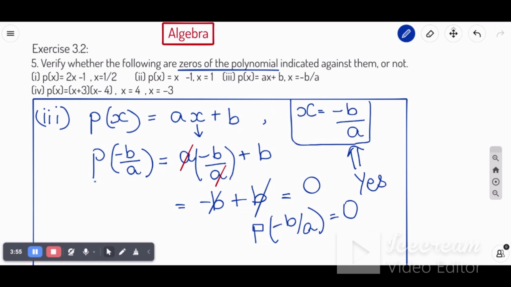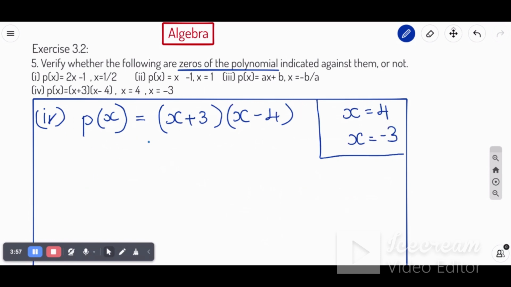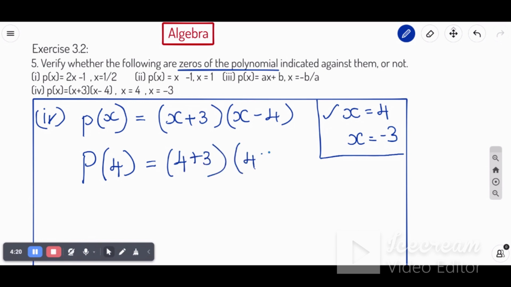So let's move on to the final question. In this question, we have got two parts, x is equal to 4 and x is equal to minus 3. First let us check this x is equal to 4 condition, whether it is a 0 of the polynomial or not. For that, we have to find p of 4. P of 4 is equal to 4 plus 3 into 4 minus 4.